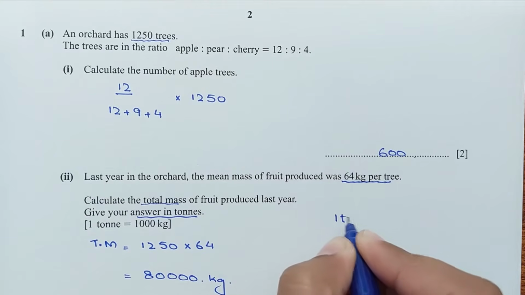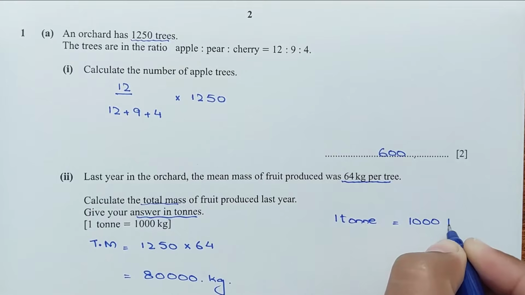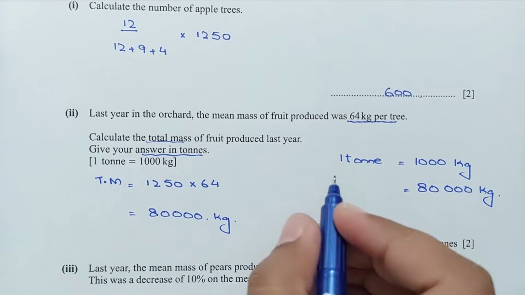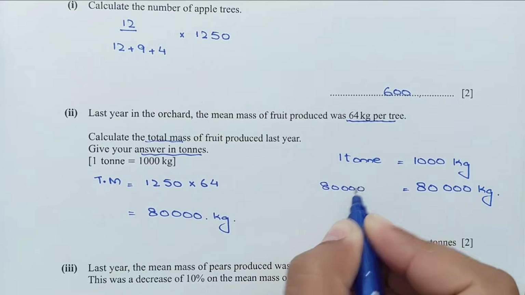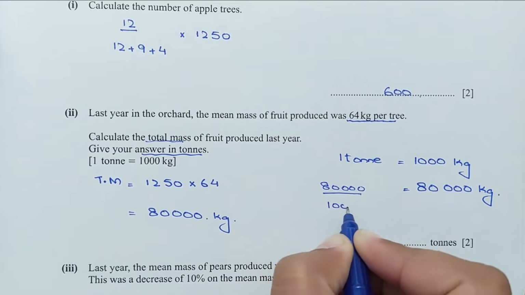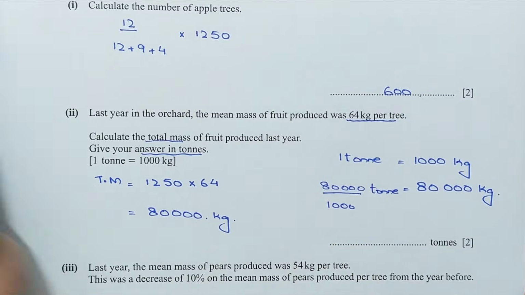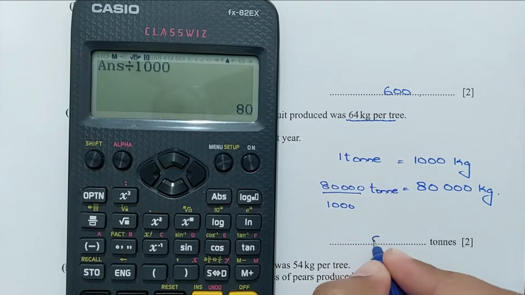So 1 ton is 1000 kilograms. What about 80,000 kilograms? For 80,000 kilograms, this is 80,000 out of 1000 tons. So dividing by 1000, this would be 80 tons.